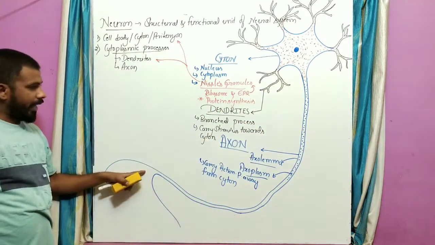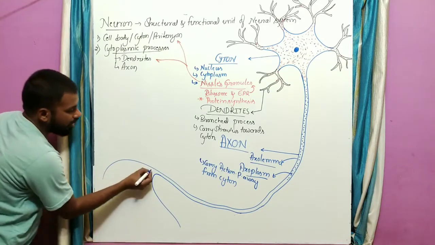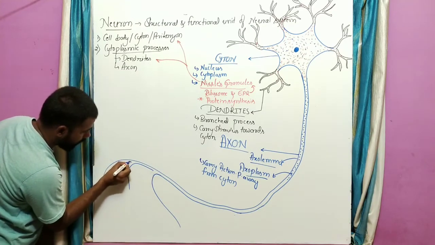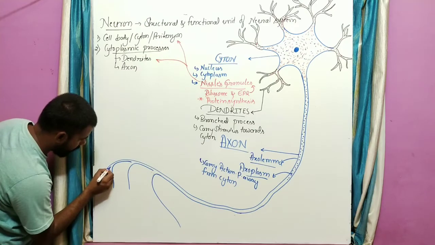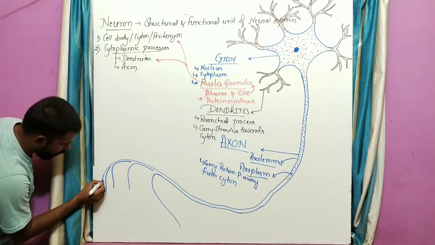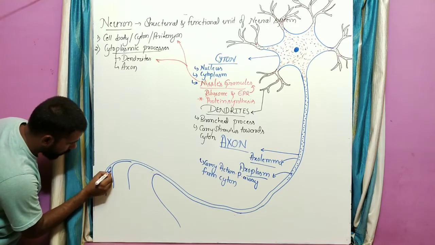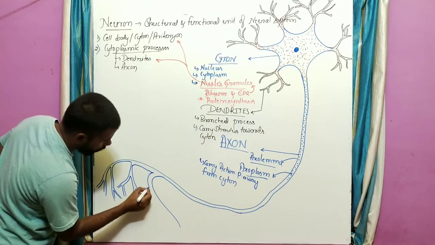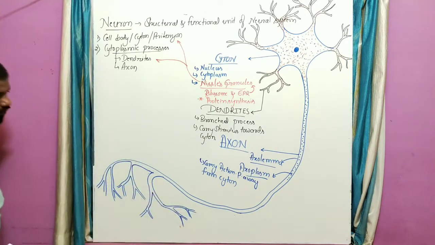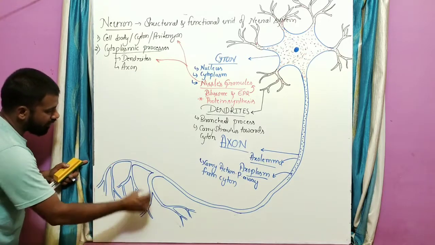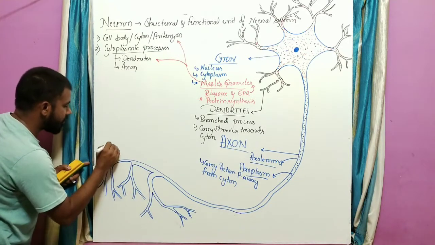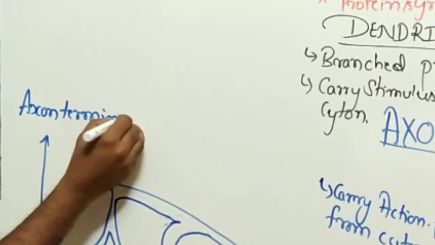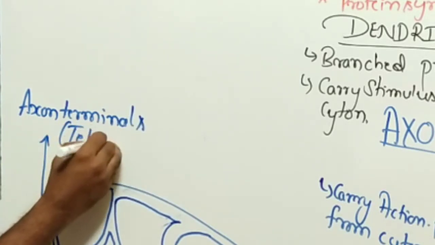The axon again terminates with many axon terminals like this. So these are the axon terminals, which are also called telodendria.